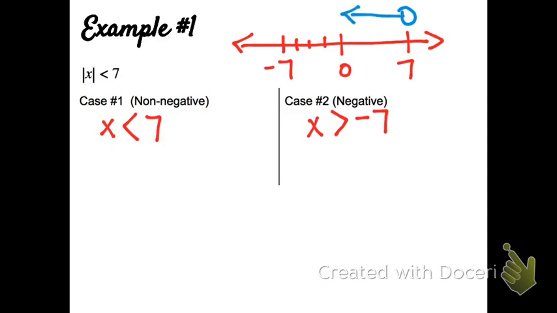And then this one on the right is saying x is greater than negative 7. So it's not equal to negative 7, but it's everything greater. So this is one of those and compound inequalities. If it's greater than negative 7 and less than 7, it's somewhere in this space. Okay?